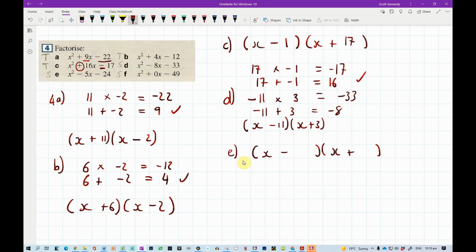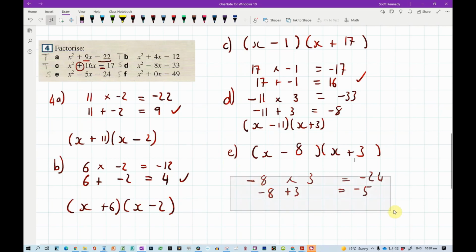And I'm thinking 8 and 3 here. We've got to make them equal to negative 24. And since we've got a negative 5 when we add them together, it must be a negative 8, right? Because negative 8 plus 3 is equal to negative 5. So I think we want minus 8 here and plus 3.